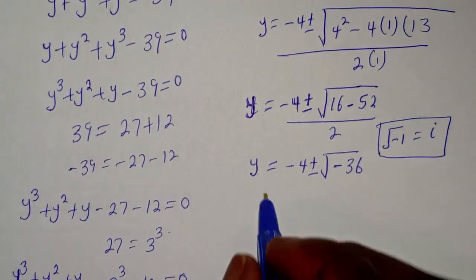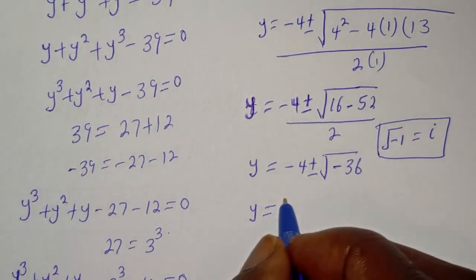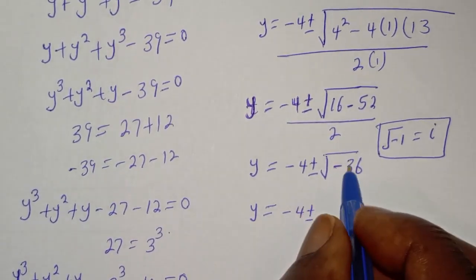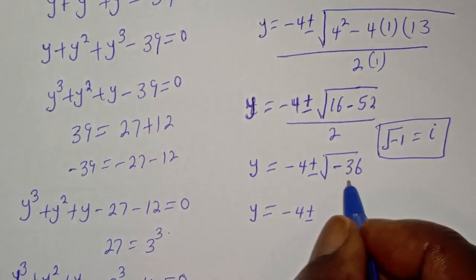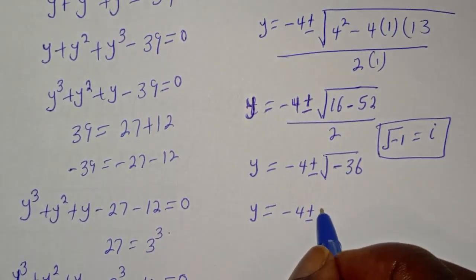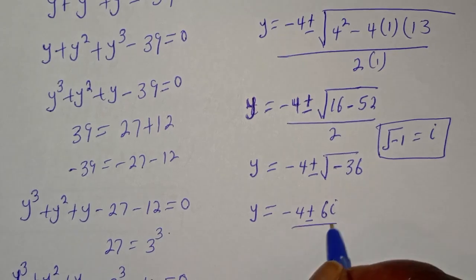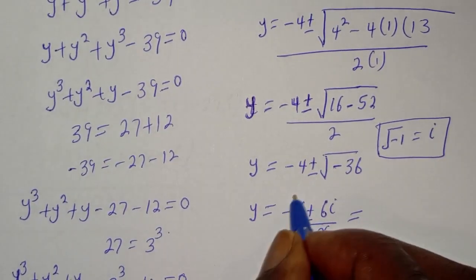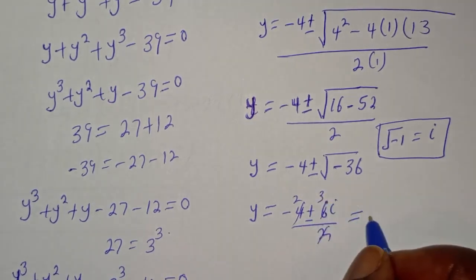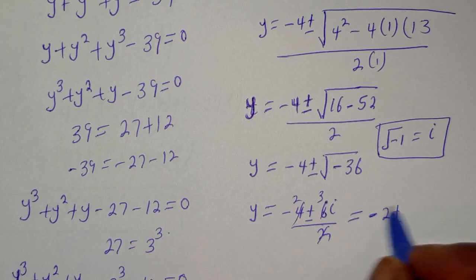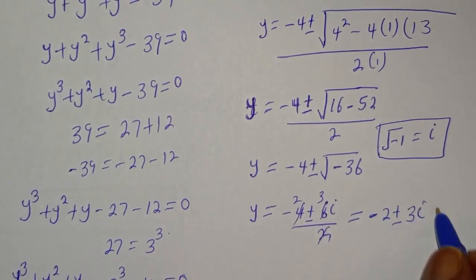Then y is equal to minus 4 plus or minus square root of 36 is 6. And square root of minus 1, that is i. We have 6i over 2. This is equal to 2 here 1, 2 here 2, 2 here 3, minus 2 plus or minus 3i.